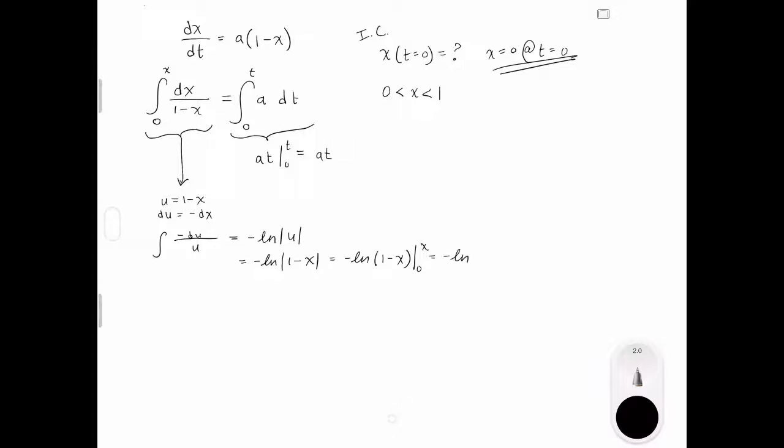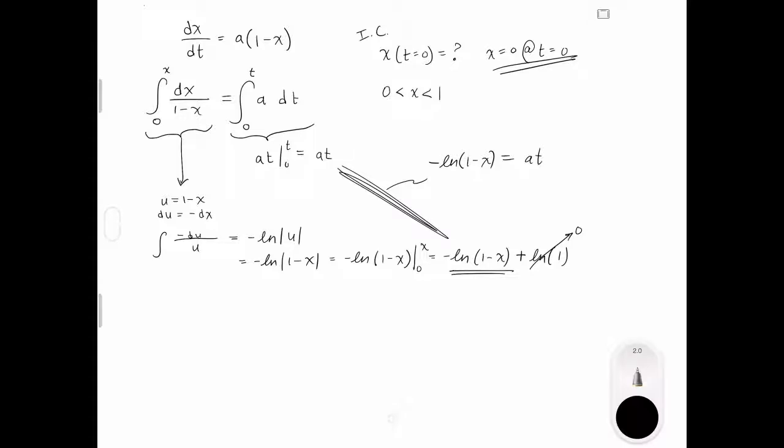And you can recognize that that's just 1 minus x minus negative natural log, so make that plus natural log of 1 minus 0. Natural log of 1 is just 0. So that's the left-hand side. So now we equate the left-hand side and the right-hand side, and we get negative natural log of 1 minus x is equal to a t.